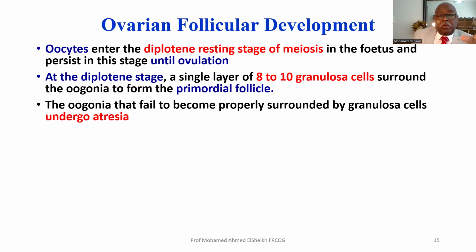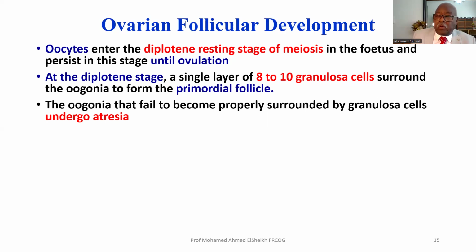At the diploid stage, a single layer of 8 to 10 granulosa cells surrounds the oogonia to form the primordial follicle. The oogonia that fail to become properly surrounded by granulosa cells undergo atresia.